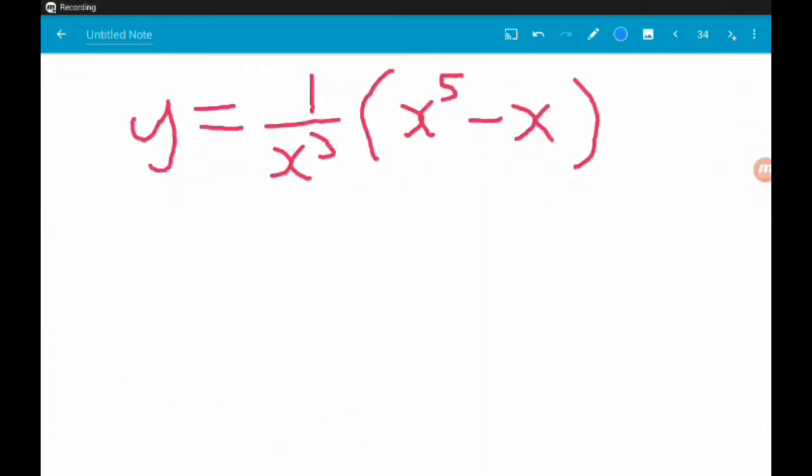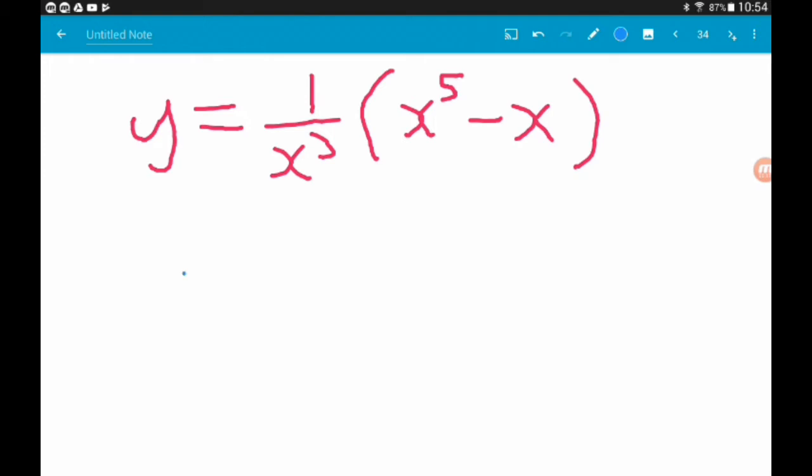Okay, last example for this video. So this time we're going to have negative powers involved. So this time y is 1 over x cubed times x to the power 5 minus x. So what we're going to have to do first, you guessed it, expand the brackets.